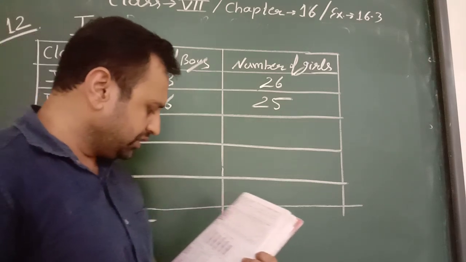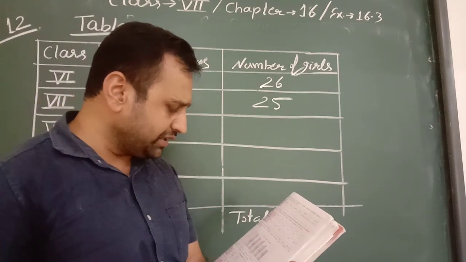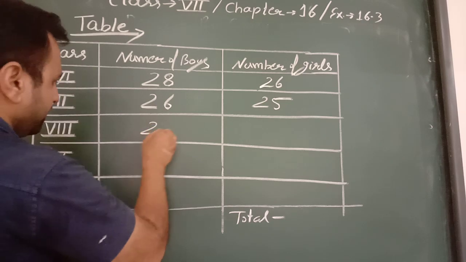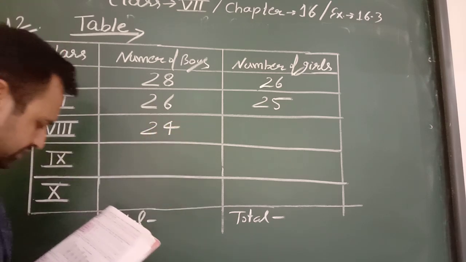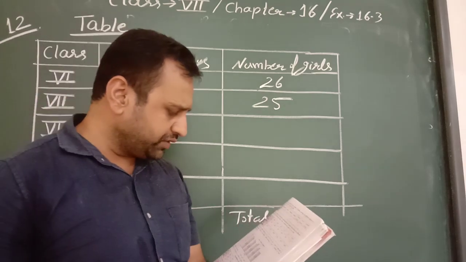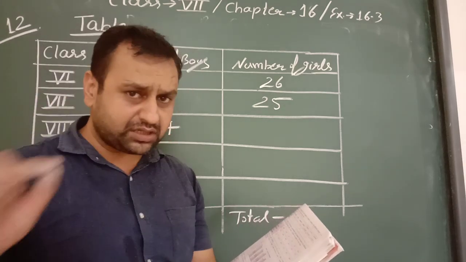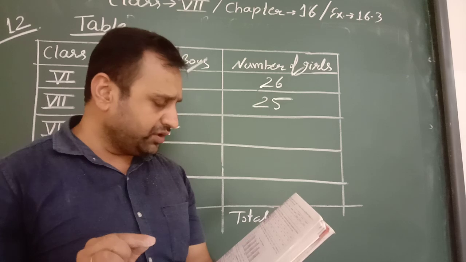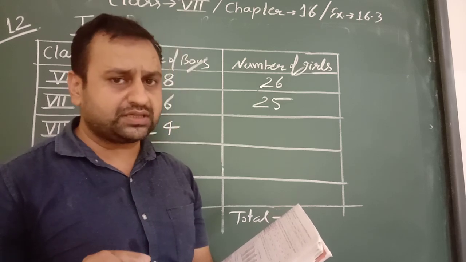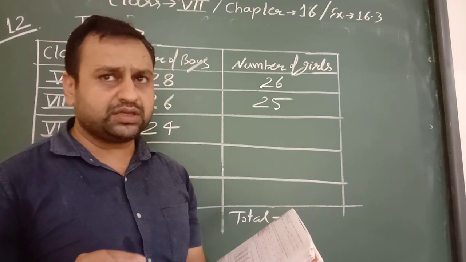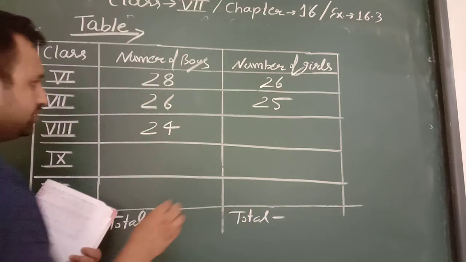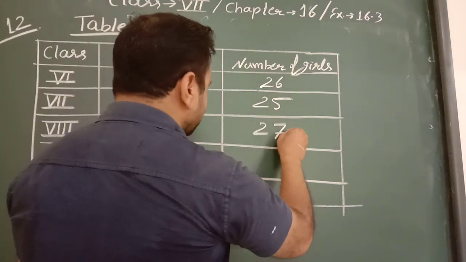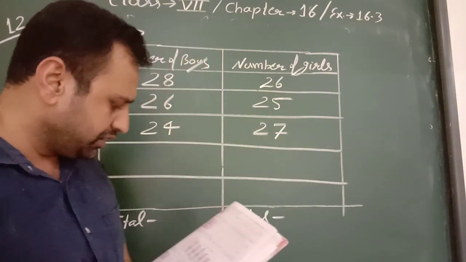Class 8th: boys are exactly 24, and girls are between 24 and 28 but just above the middle. The mid value is 26, and between 26 and 28 there is 27. So the number of girls is 27.